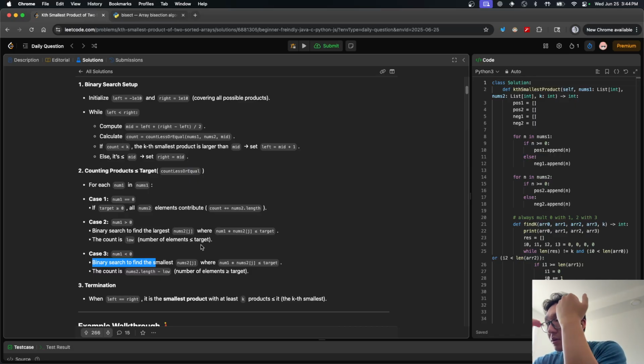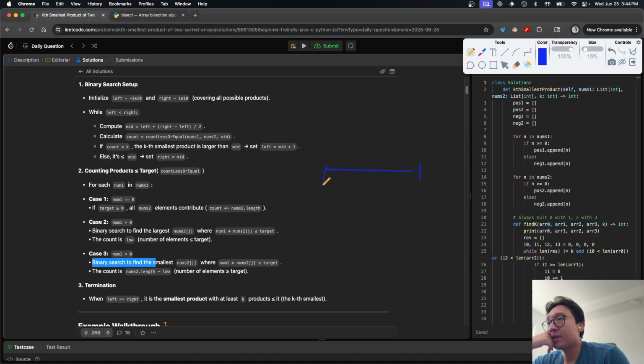Okay, because it's negative. And then we have the whole thing, and we find the bisect left, and we do the length of the whole thing minus this, so it's going to be this.